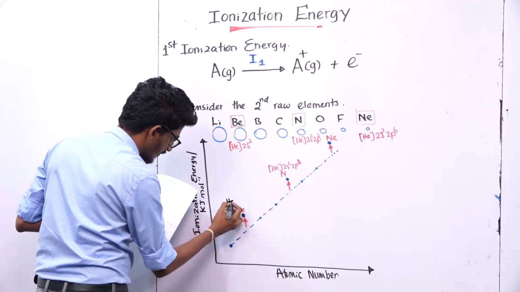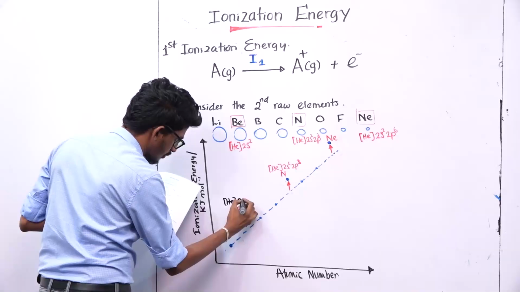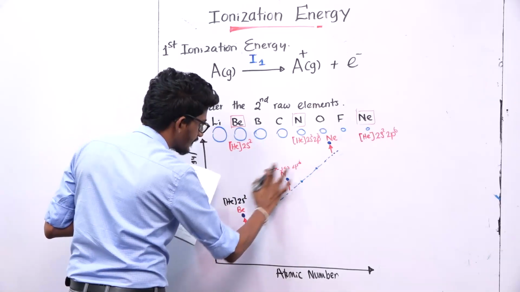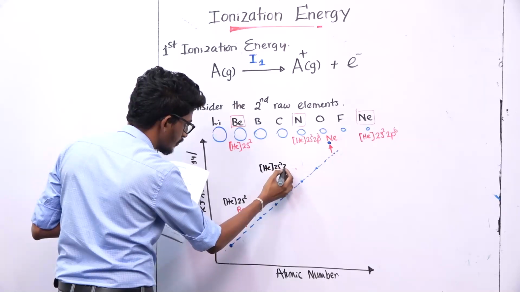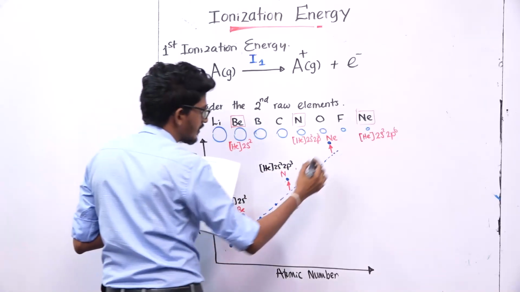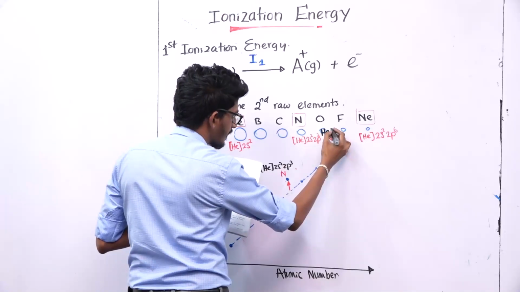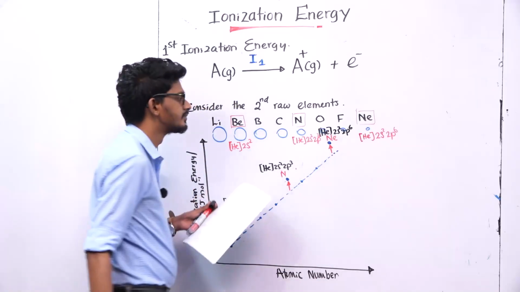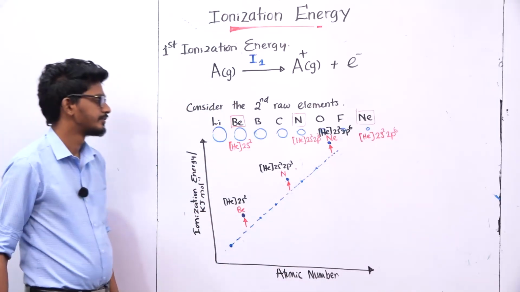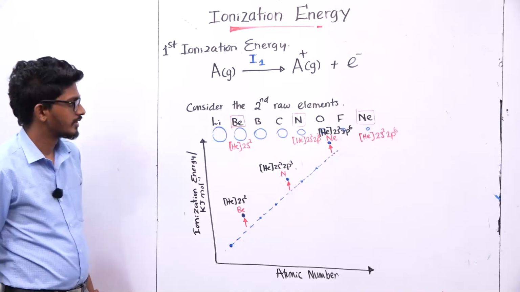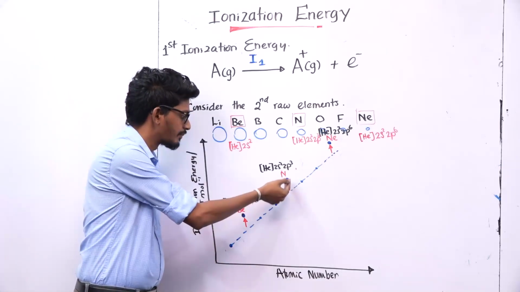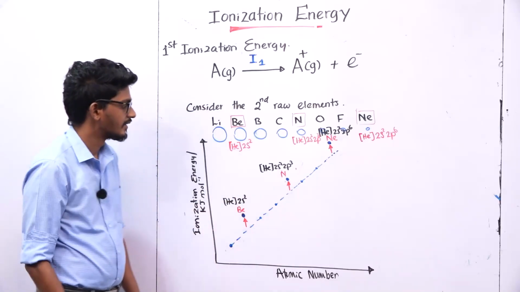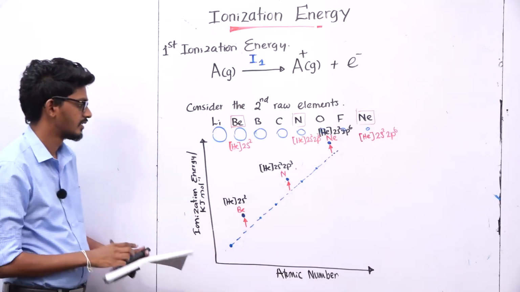Helium and 2s2. This is helium and 2s2 2p3. This is helium and 2s2 2p6. So due to the stable configurations, you would need to supply a bit greater energy than expected by the atomic radius, right?